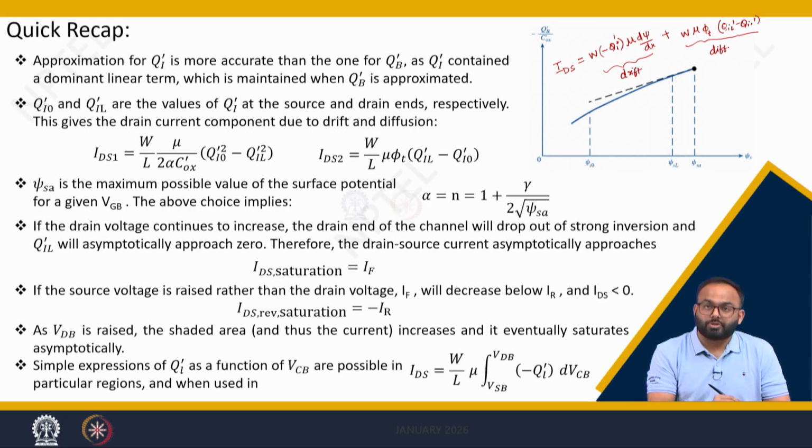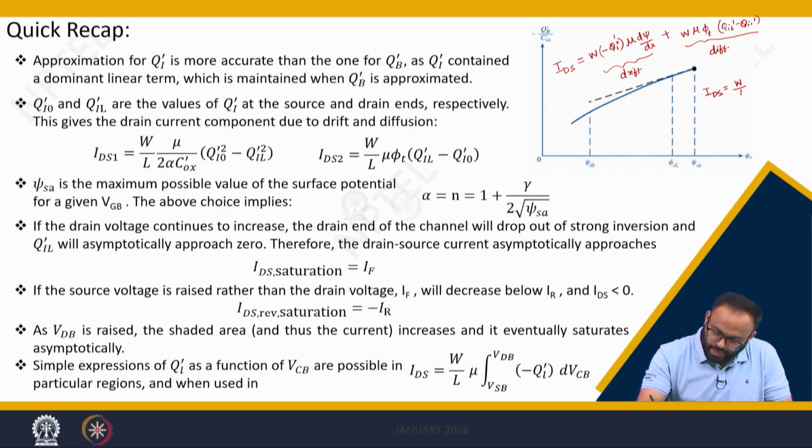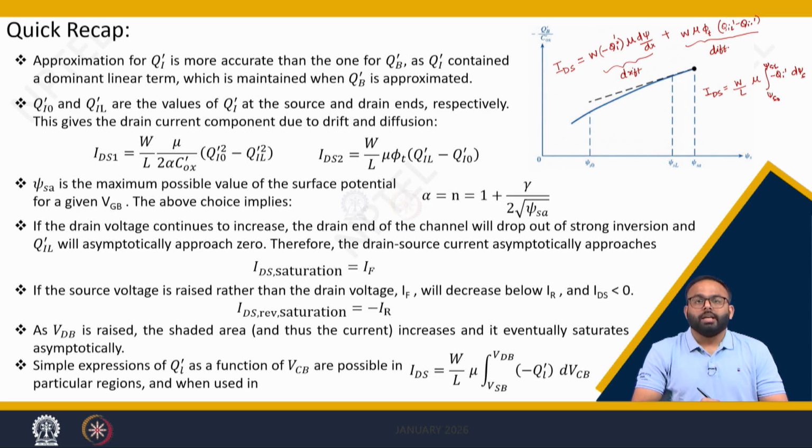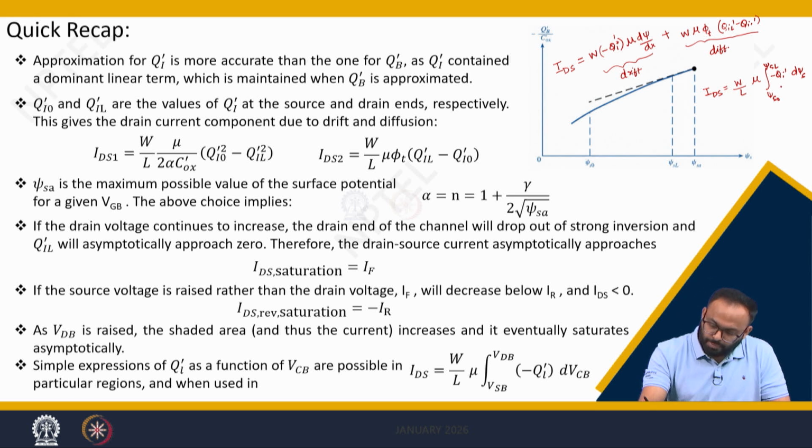If we talk about the strong inversion, then we have already claimed that the drift component dominates, and by further simplification we can get I DS is equal to W divided by L mu into minus q I dash into d psi s, with a proper limit. Correct? Then in the previous lectures we discussed that the linearization of inversion charge or the bulk charge is a very good approach to simplify the model.